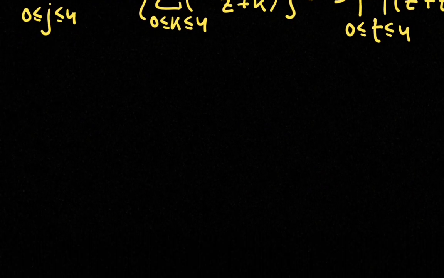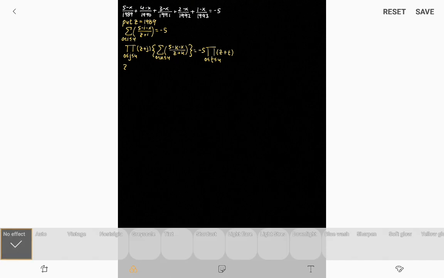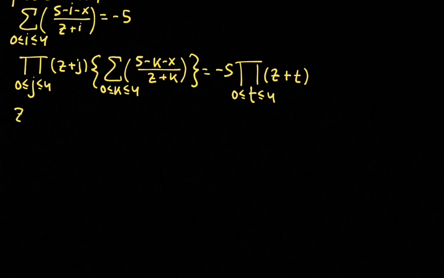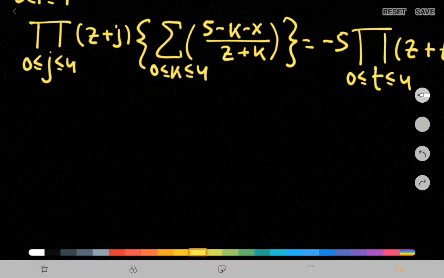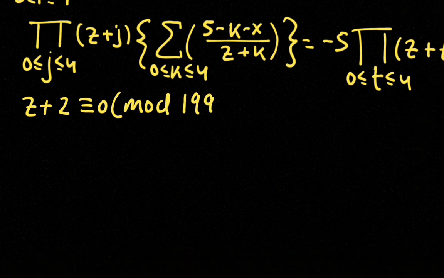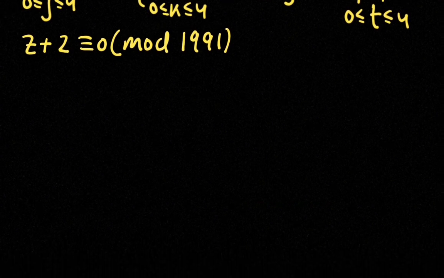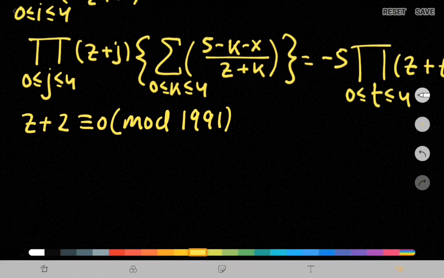Okay, so we know that z equals 1989, so z plus 2 is congruent to 0 mod 1991. This is really obvious. And if z plus 2 is congruent to 0 mod 1991, so let's take mod 1991 both sides of this equation.